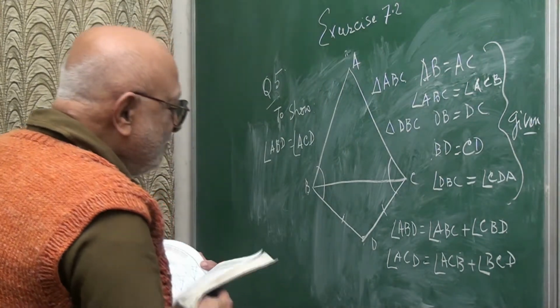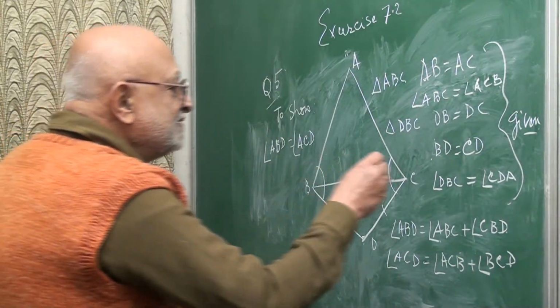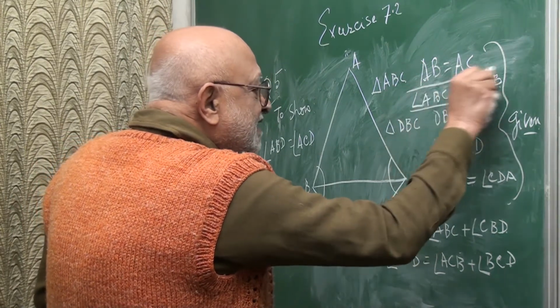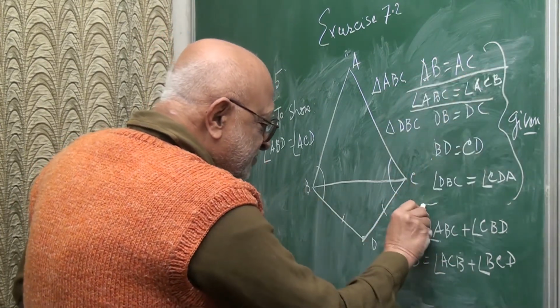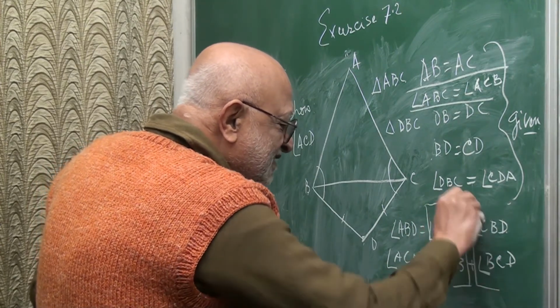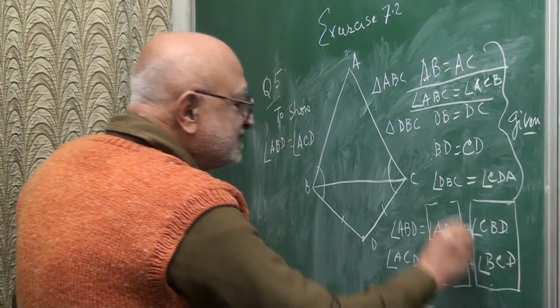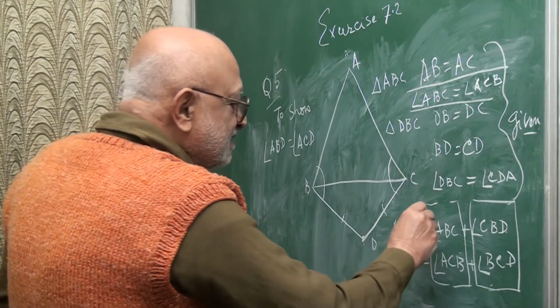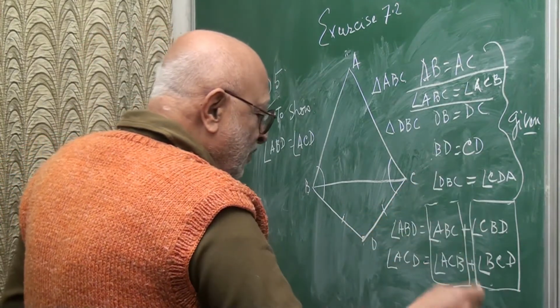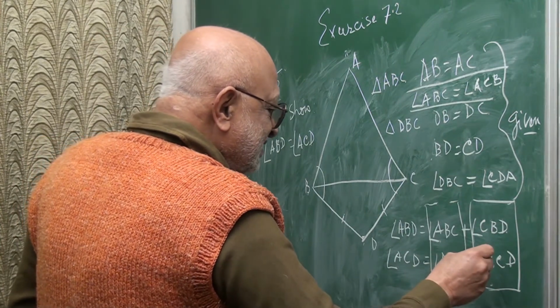Okay, now let us see. It's given angle ABC is equal to angle ACB. So these two triangles are equal, and these two triangles are equal. It's given here, angle BDC, what side of angle C?